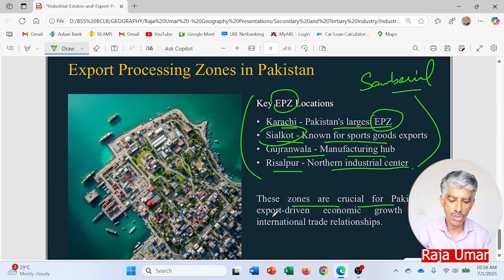These zones are crucial for Pakistan's export-driven economic growth and international trade relationships with other countries. Pakistan would attain specialization, so that other countries would be of the mind that Pakistan produces these sorts of products in really the best quality, and Pakistan would have a better trade image around the globe, leading to the economic development of Pakistan, and that would bring prosperity among the people of Pakistan.